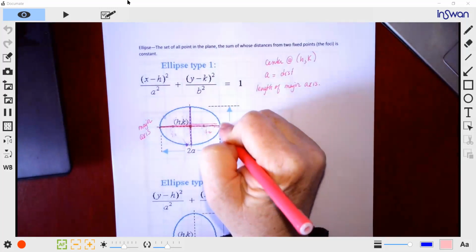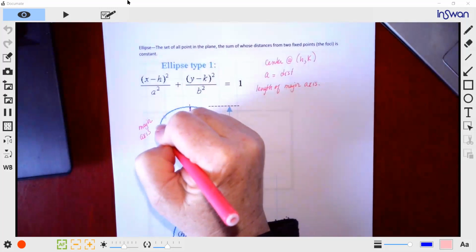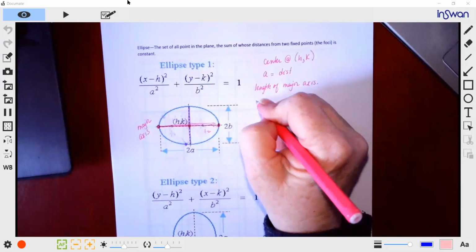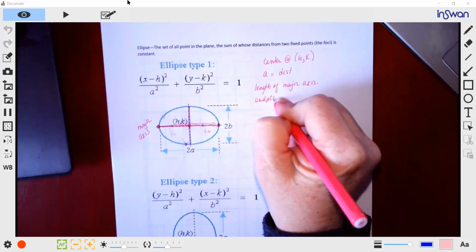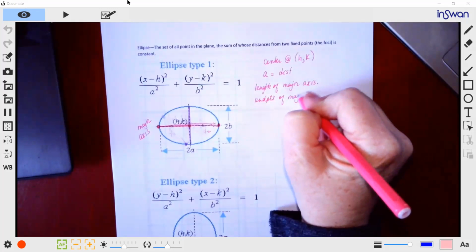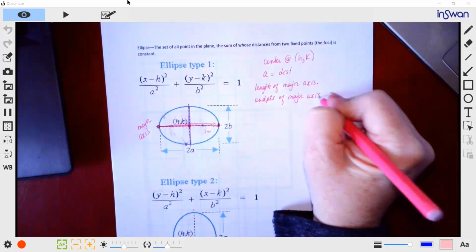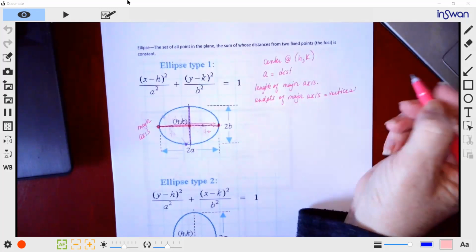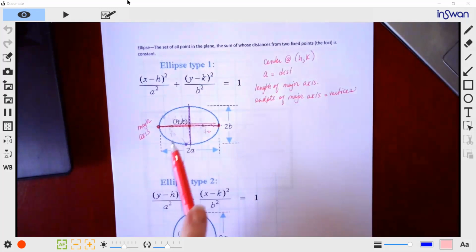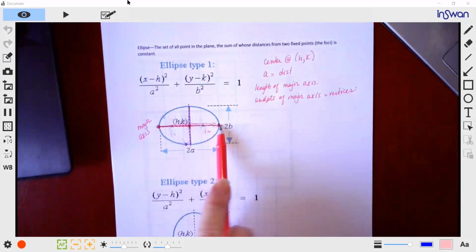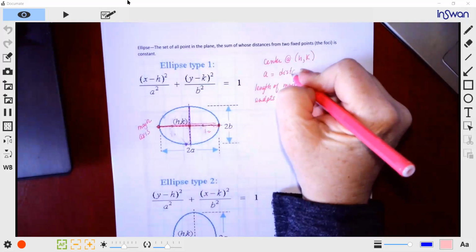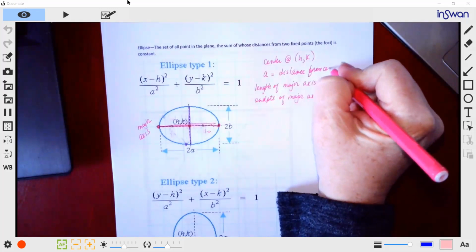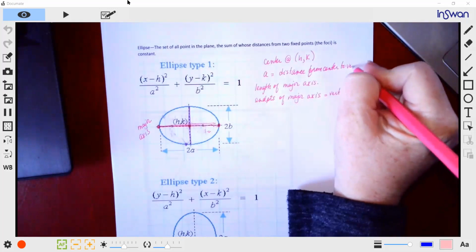Now, the endpoints of the major axis are what we call vertices. Sometimes I just call them the endpoints of the major axis. How far it is from center to a vertex is always a. a will always be the distance from center to a vertex.